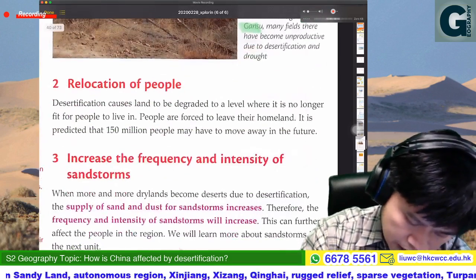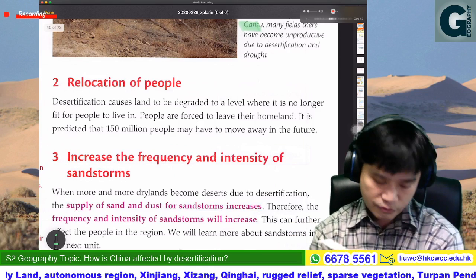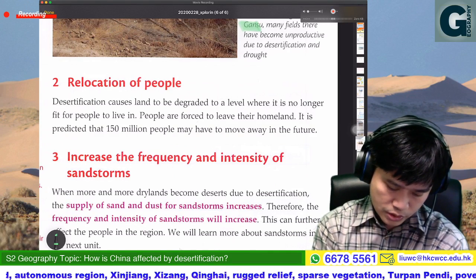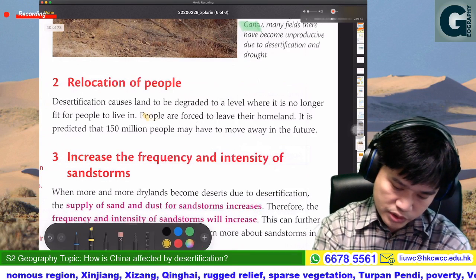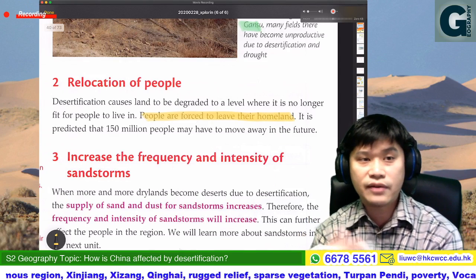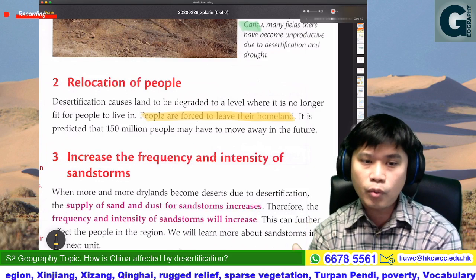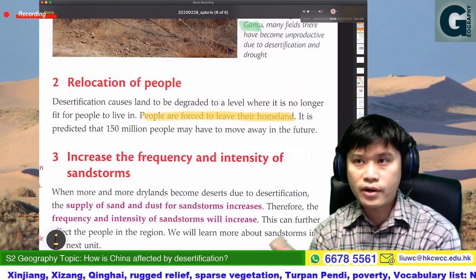Okay, and then what would be other result? Relocation of people. People need to move. So you can see that people are forced to leave their homeland. Okay, they have to leave. Why? It is because for those area without water, as the demand for resources that will be very great.